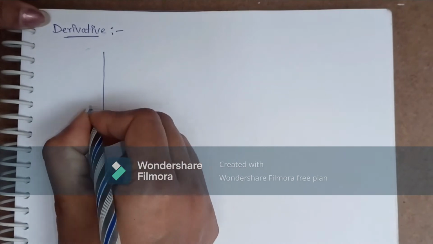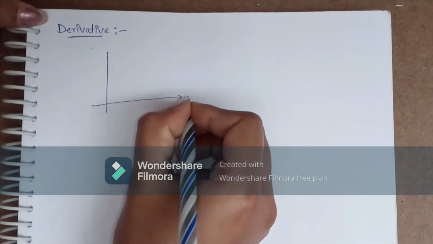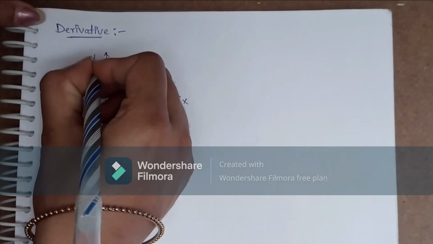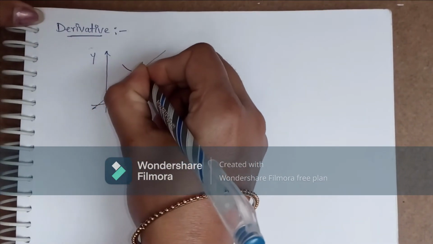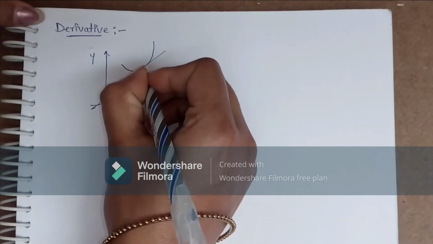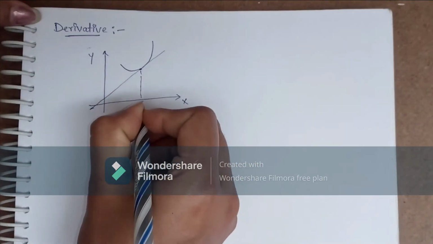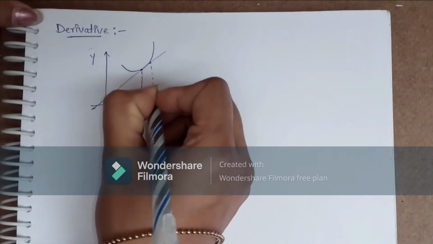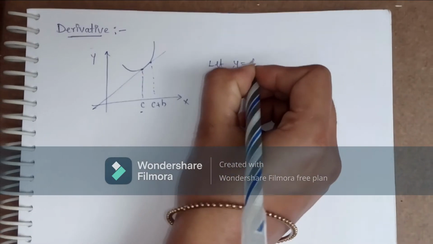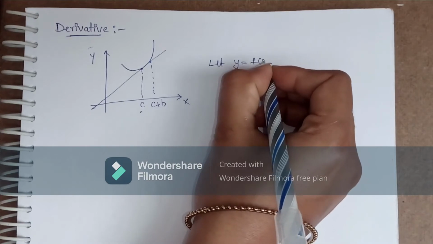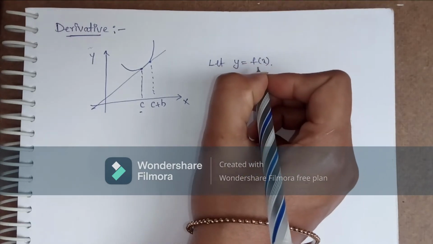With the slope of the tangent of the curve, let's take a graph. This is the x-axis and this is the y-axis. One point is c, and another point is c plus h. y is equal to f of x, a function.